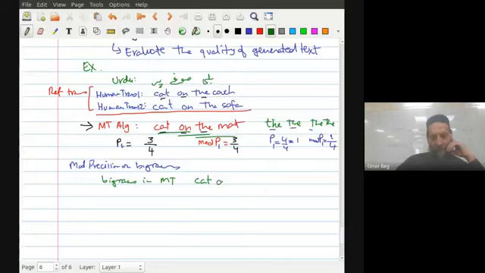"Cat on" is a bigram, "on the" is a bigram, and "the mat" is a bigram. Okay? So again we do something similar. We count the number of times these bigrams appear in the machine translation.